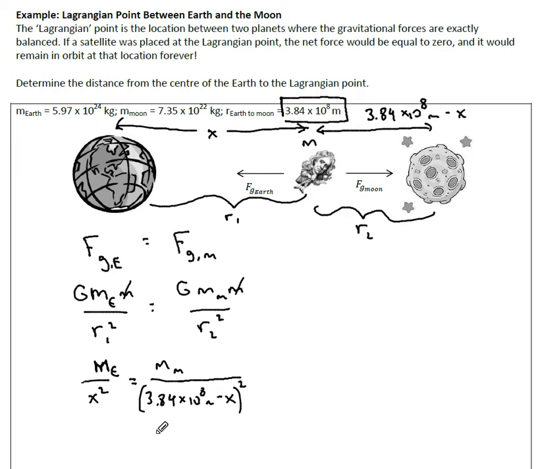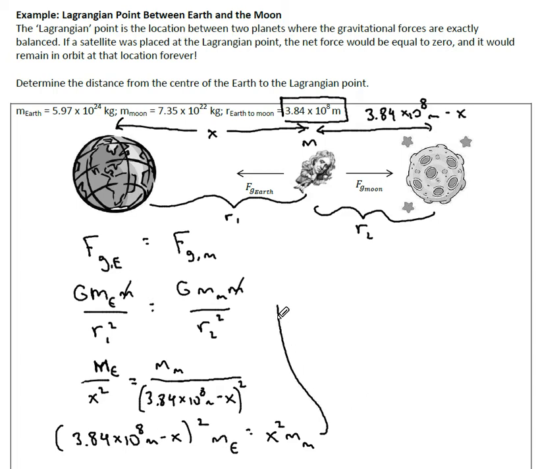So I'm going to cross multiply to simplify our expression. We get 3.84 times 10 to the 8 meters minus x, all squared, times mass of the Earth is equal to x squared times mass of the Moon. Now we could expand the brackets, group like terms, and end up with a quadratic, but what we can actually do is just square root both sides.